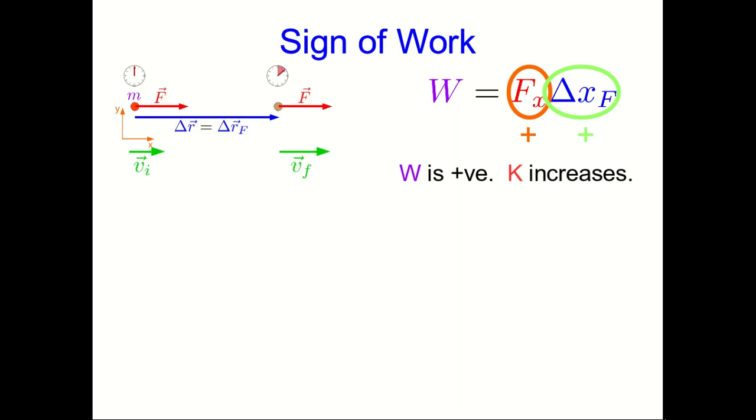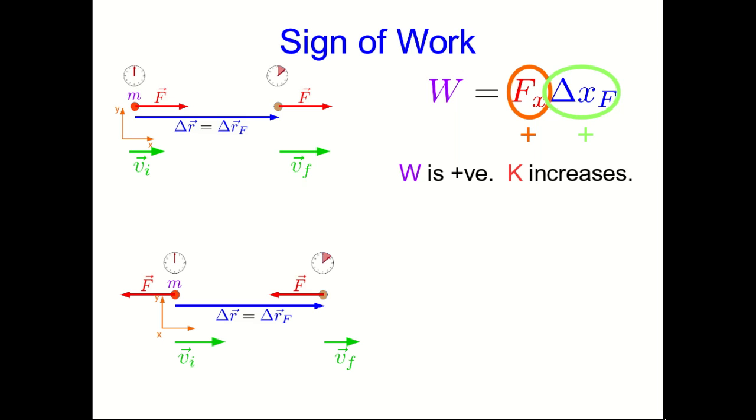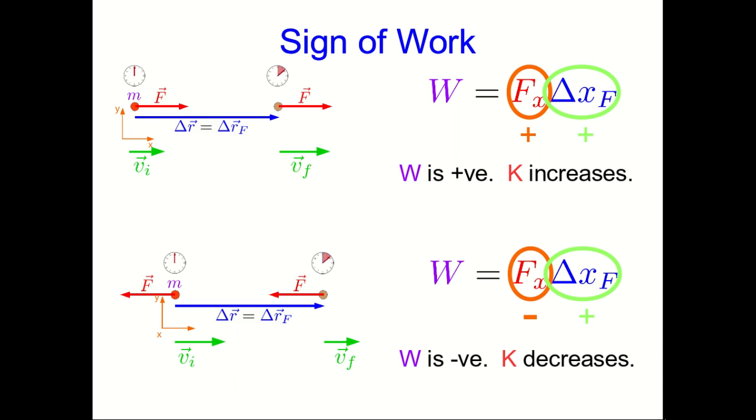That's what we expected. We expected that when the force pointed in the same direction as the force displacement, we would get a positive work. Similarly, if it's arranged this way, now Fx is just negative the magnitude of F. And so that's a negative. And so our work comes out negative. The K decreases as we expect.